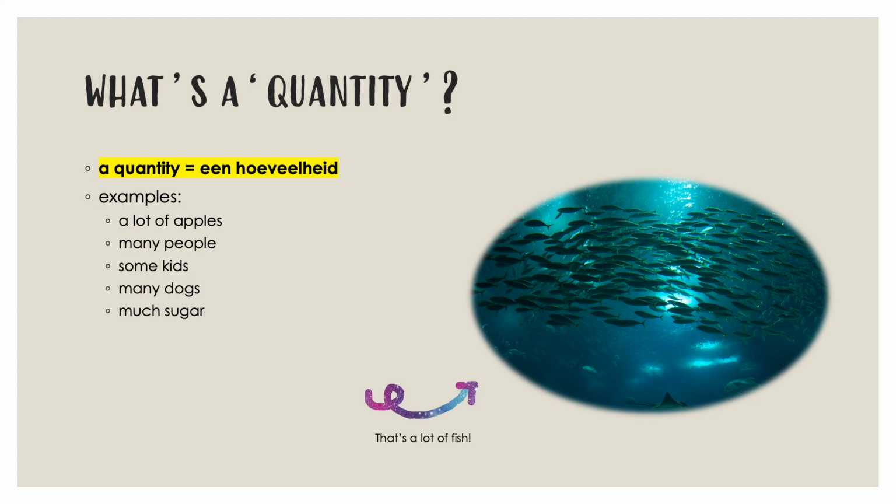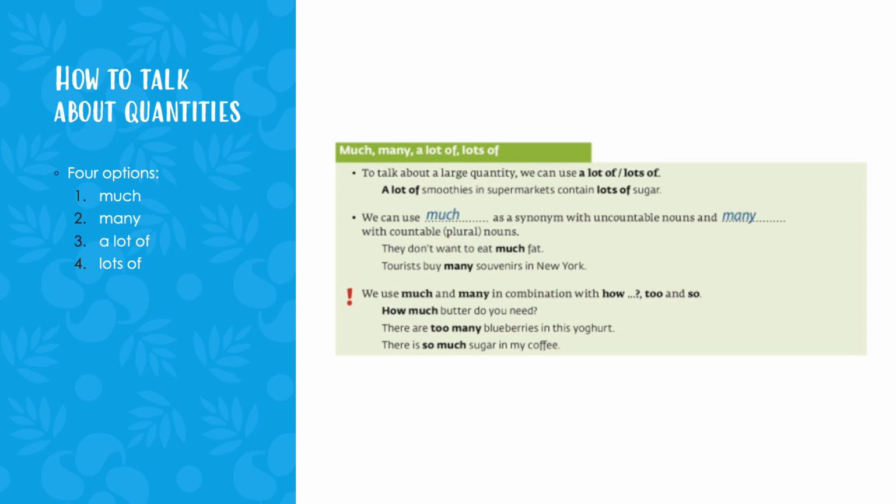But how do we talk about a quantity? Now there are 4 options. We can use much, many, a lot of, or lots of. I'm now going to explain via the green box when we use what. First things first. If we want to talk about a large quantity, een grote hoeveelheid, we can use either a lot of or lots of.